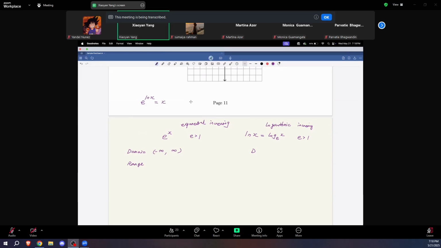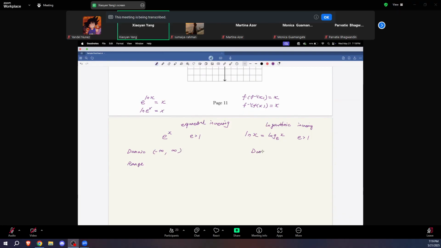Yes, because they are inverses of each other, they undo each other, equal to x.